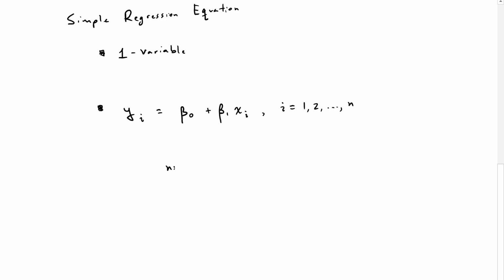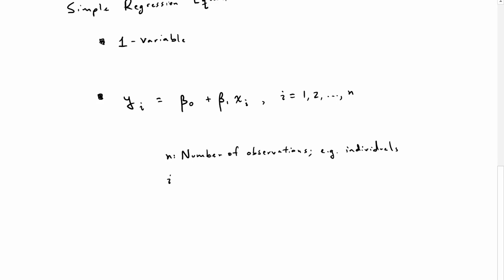And so if we're talking about individuals, n is the number of observations. So for example, individuals. i is each observation individually.